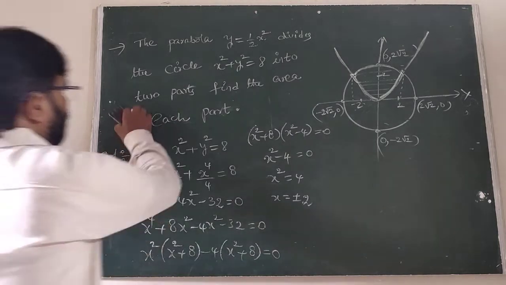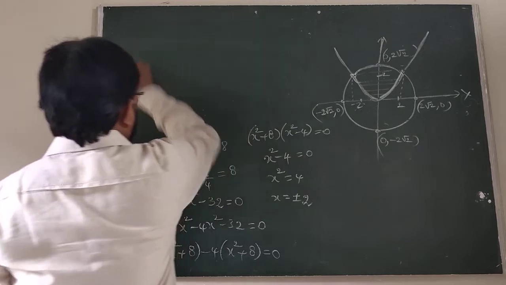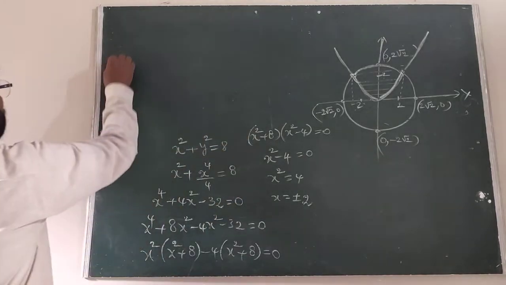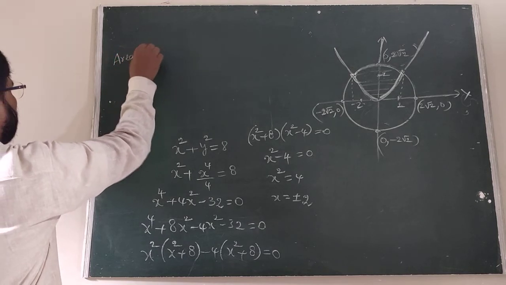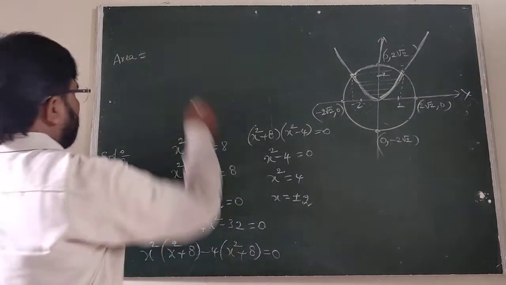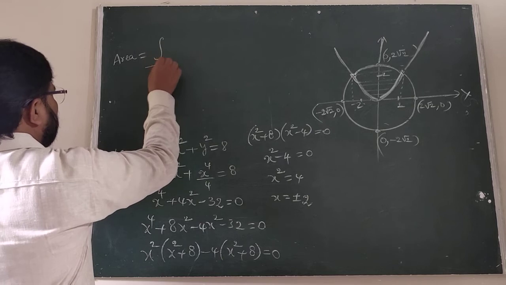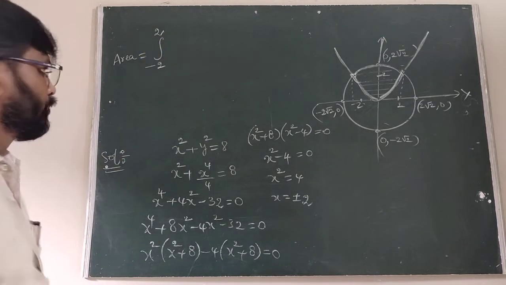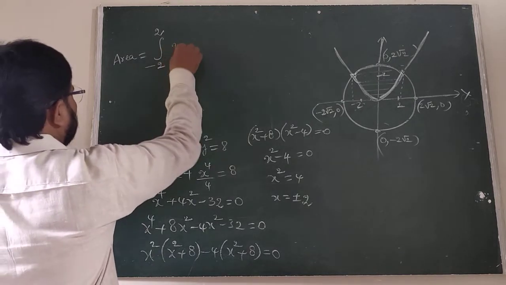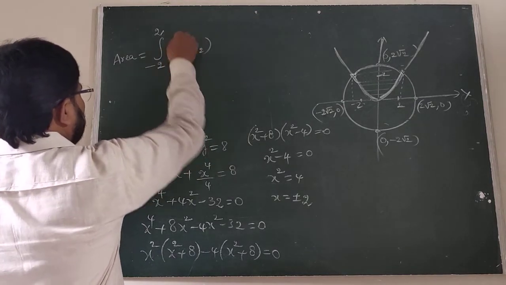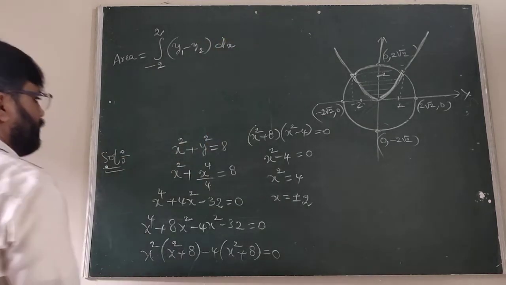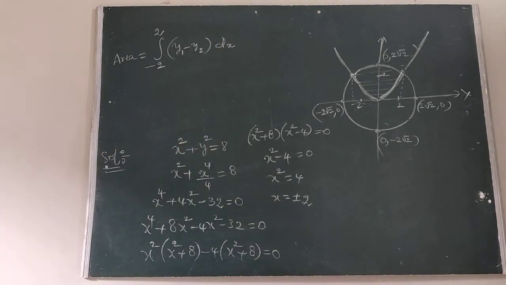Therefore, now the required area equals the integral from minus 2 to 2 of (y1 minus y2) into dx. Okay, students, here y1 minus y2 into dx.